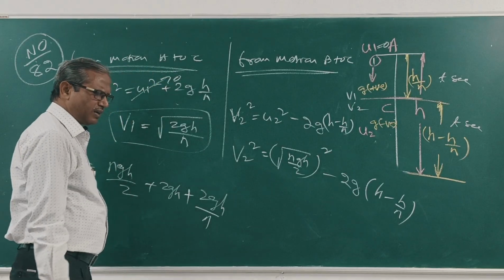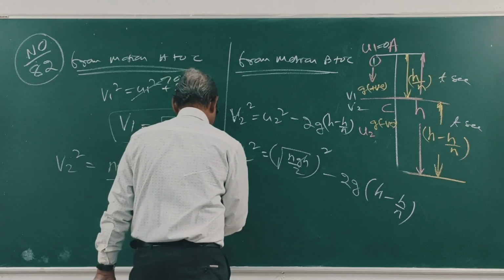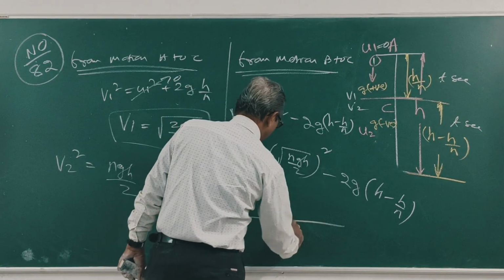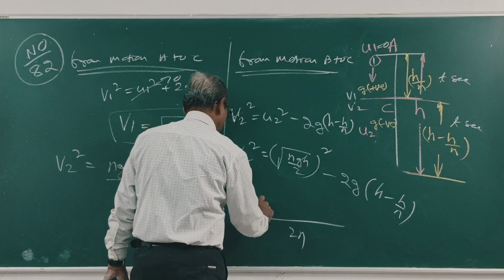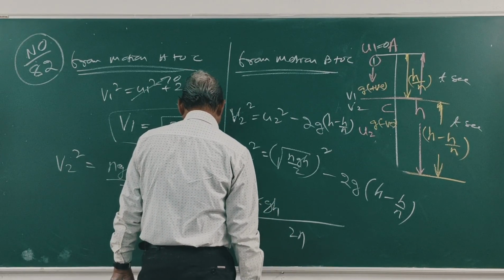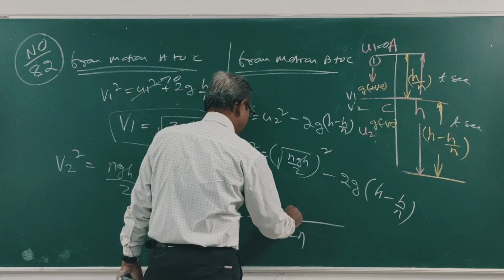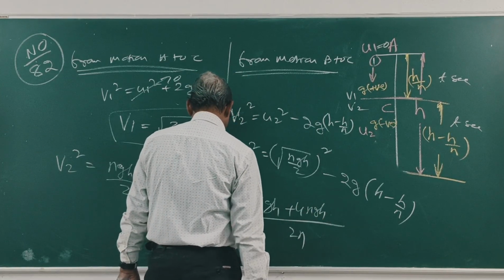Right? Now make LCM 2n. That is n square gh plus 4gh minus 4ngh, all by 2n.